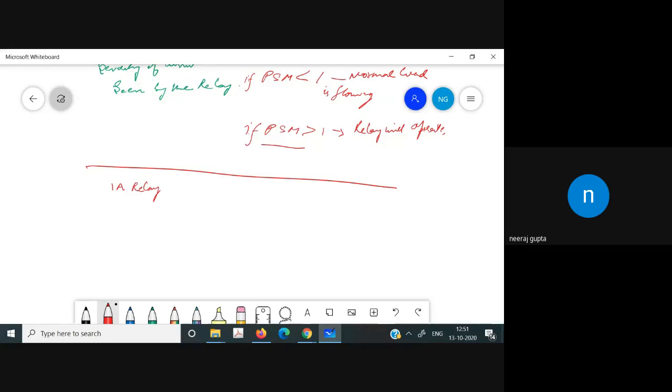That is, the relay coil is actually designed to carry 1 ampere on a continuous basis. And let us suppose that the plug has been set at 0.5 ampere. That is the 50%.